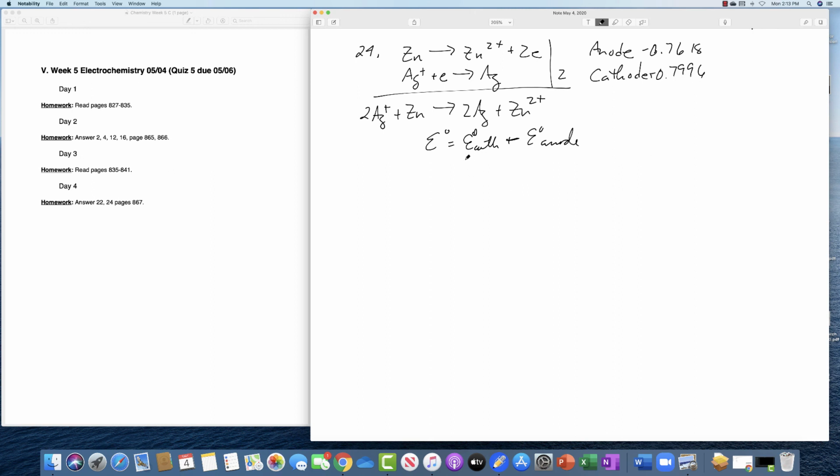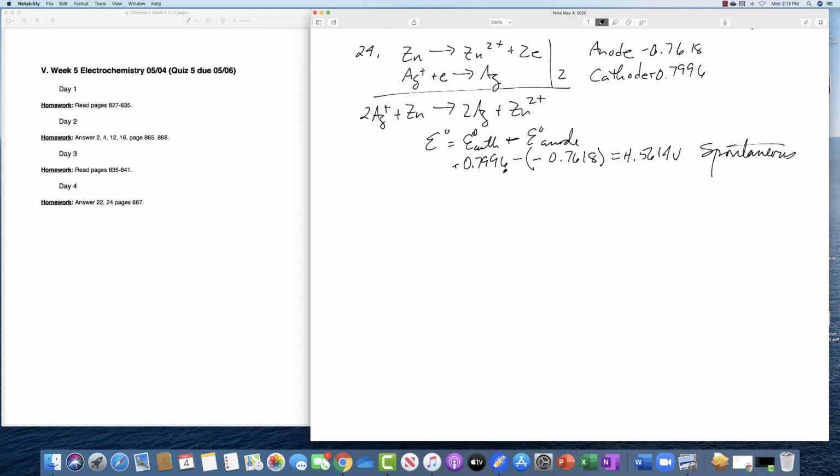And so it's 0.7996 minus a minus 0.7618. So the overall is 1.5614 volts plus. So in standard conditions, this is spontaneous.